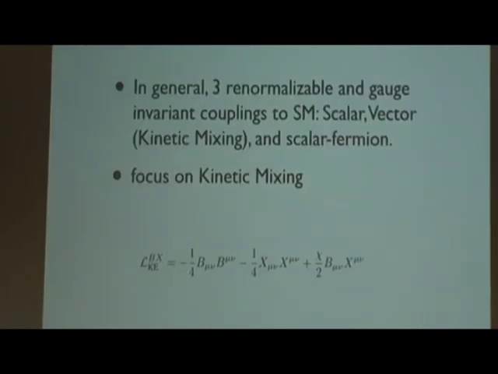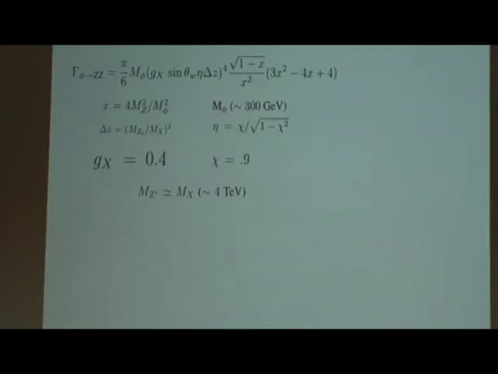And so in that case, if you have to connect some hidden sector to the standard model, there are 3 ways to do that: through a scalar interaction, a vector interaction, or a scalar-fermion type of interaction. I'm going to focus on the vector, or kinetic mixing. In this case, the decay is through a Z boson.